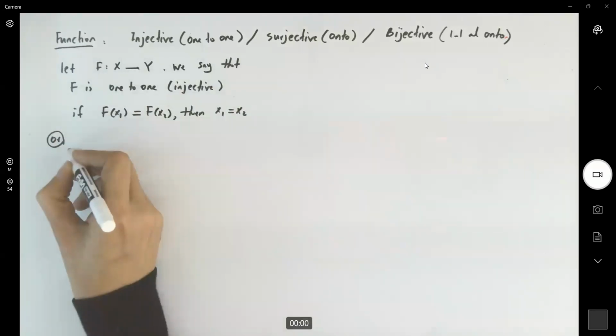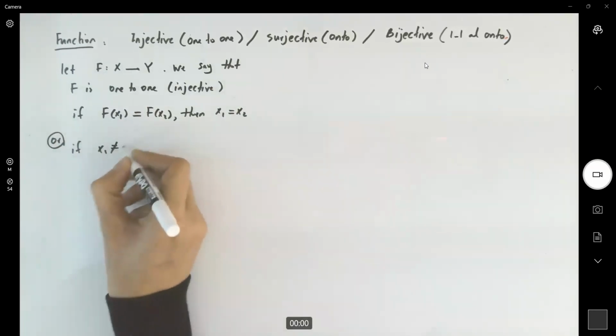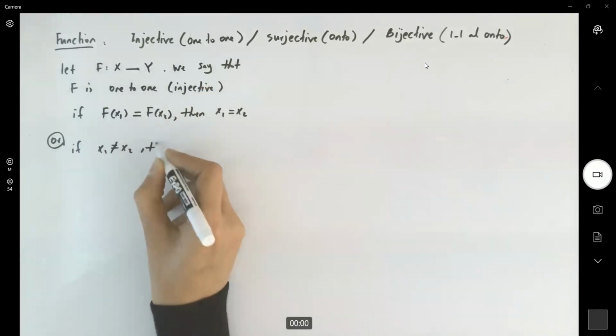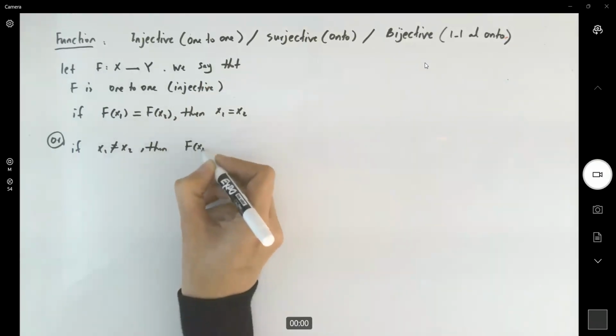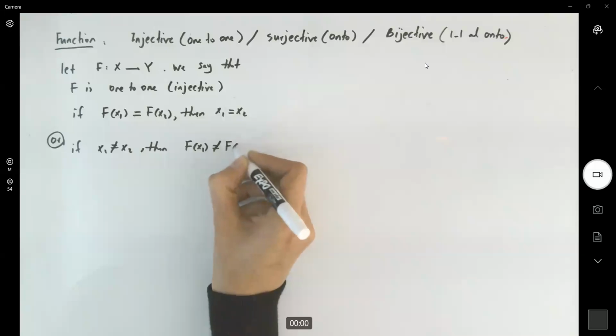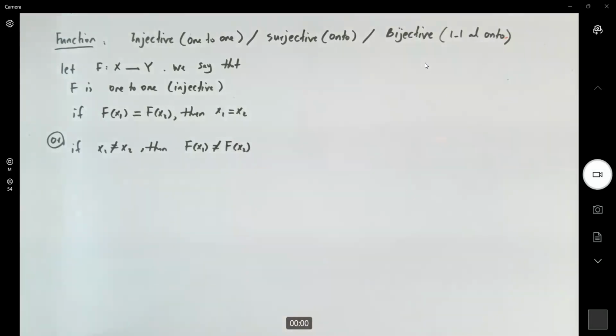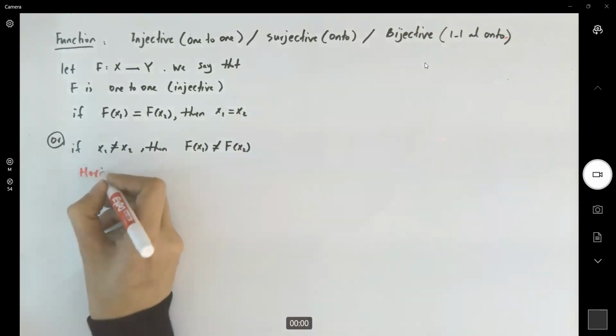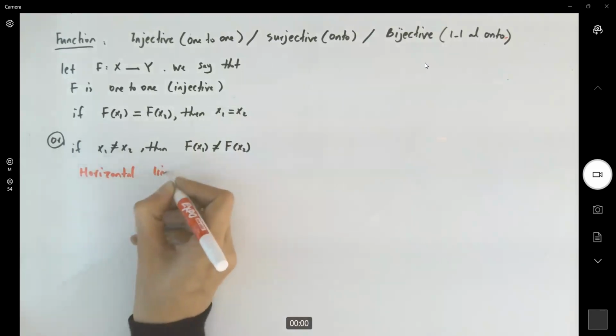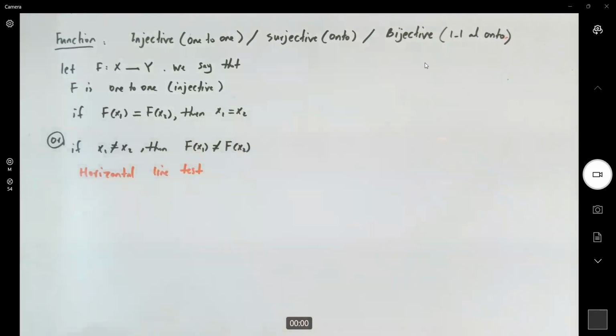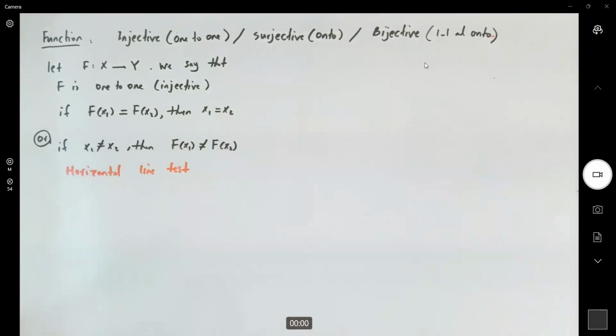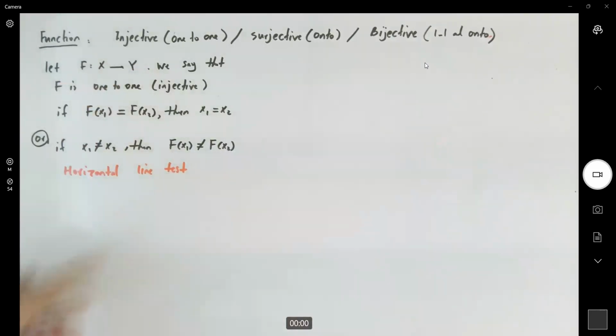Or if x1 is different from x2, then you can conclude that the y values are different from each other. Remember that in pre-calculus, in algebra, we call this the horizontal line test. It was important in finding the inverse of functions. When you have an injective or one-to-one function, you can define the inverse of the function. Very good.